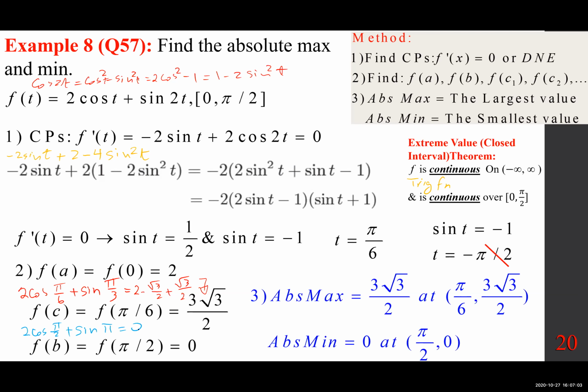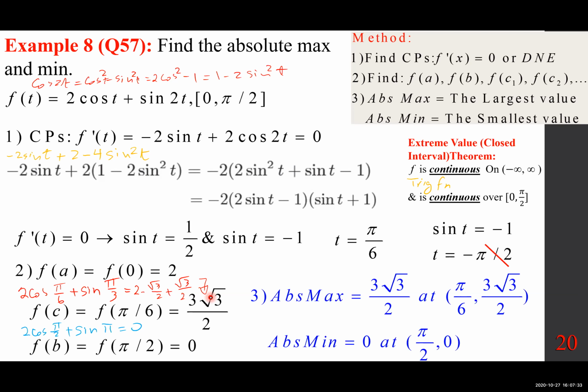Please understand, we put it back into this original function and evaluate. So I hope you realize 3 square root of 3 divided by 2 is the largest. If you can't see that, go with the decimal representation. Remember, square root of 3 is about 1.7. And so the smallest one is 0. There you have it. It's very straightforward.